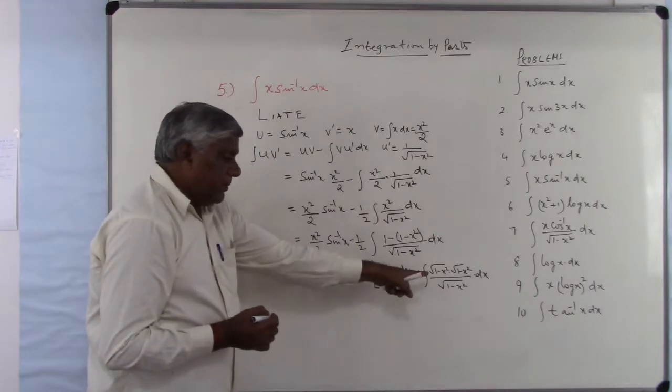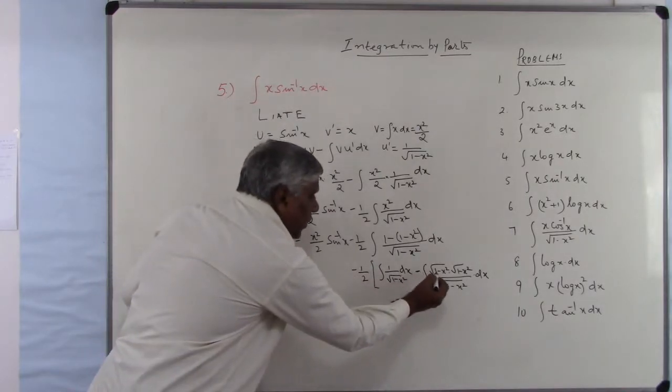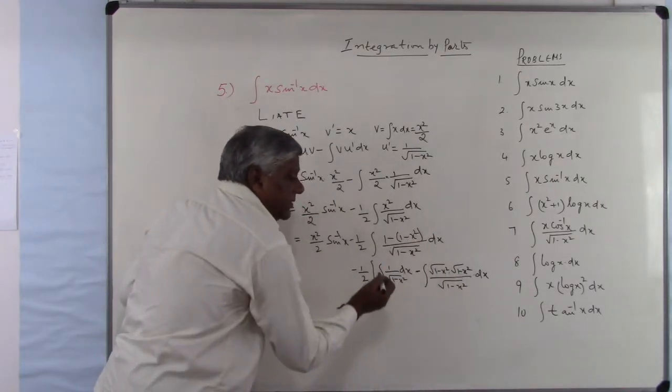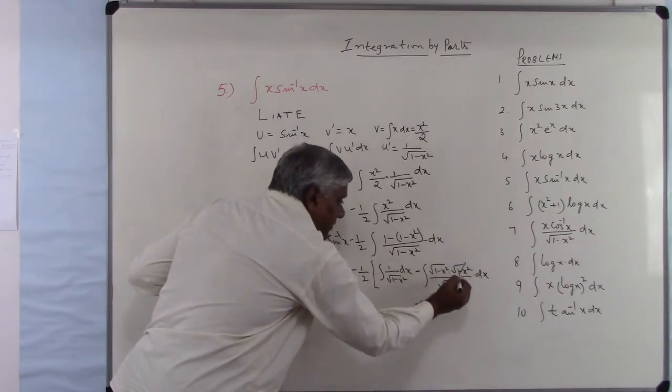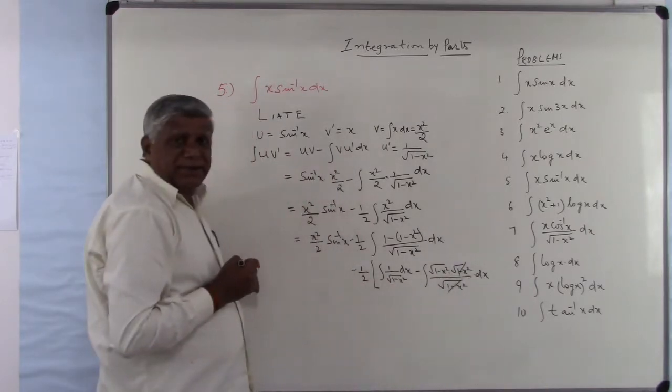This adjustment I have made, because 1 minus x square you will get 1 minus x square only. Now this and this get cancelled.